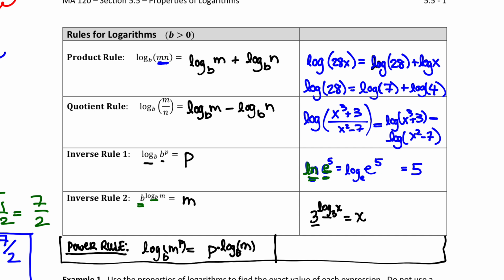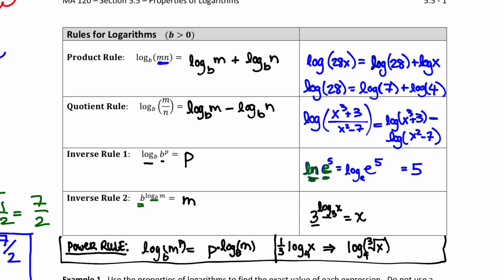An example of where this would come into play is if I had something like this. I had 1/3 logarithm base 4 of x. I can rewrite that logarithm as the log base 4 of the cubed root of x, or x to the 1/3 power.